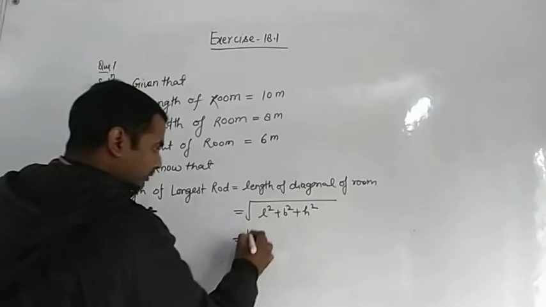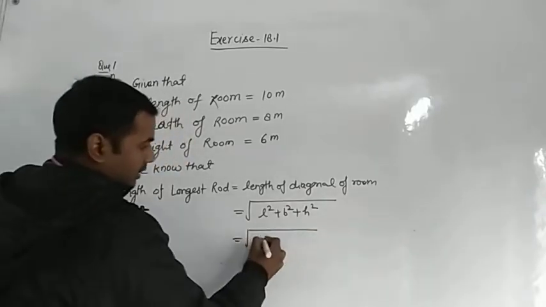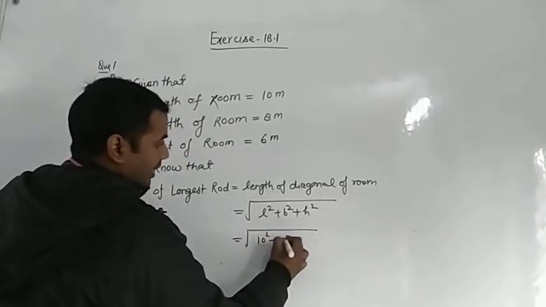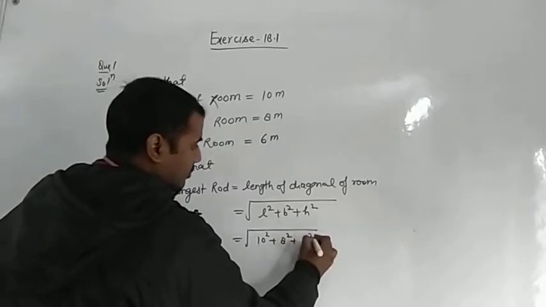Now put the value of L: 10 square plus 8 square plus 6 square.